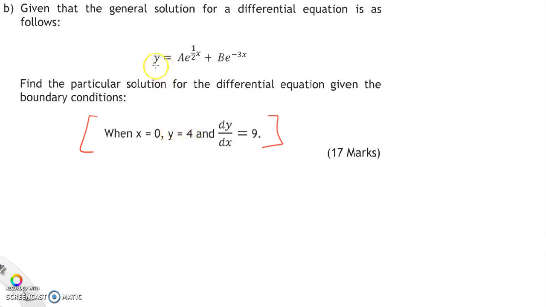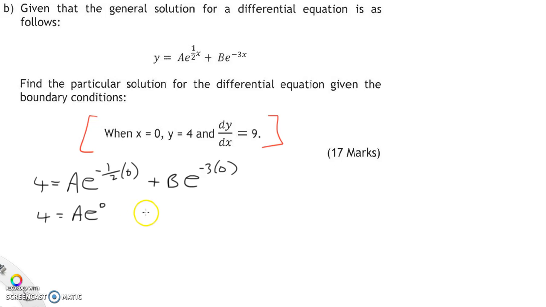So when y is 4, we can say 4 equals a times e to the power of a half, and x can be 0, plus b times e to the power of minus 3 times 0. Now both of these up on top evaluate to zeros, so we end up with 4 equals a times e to the power 0 plus b times e to the power 0.